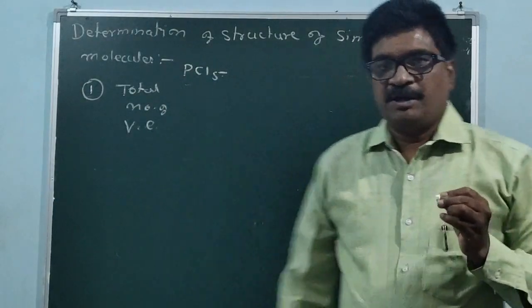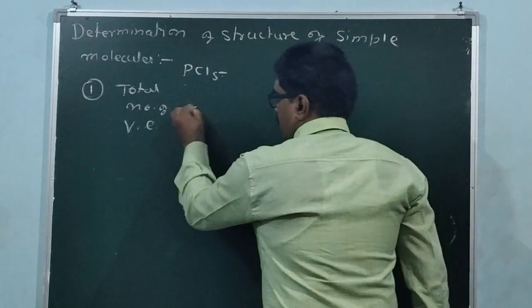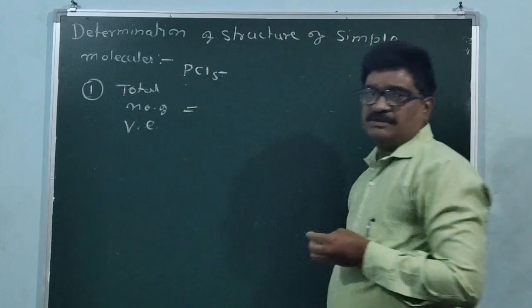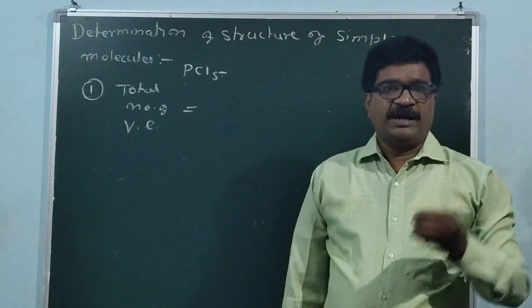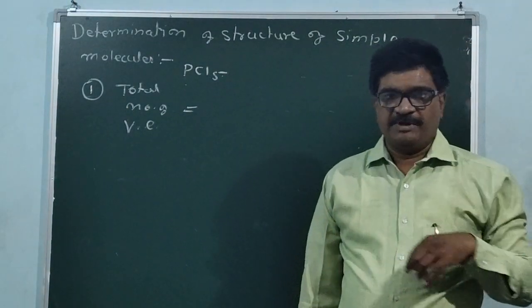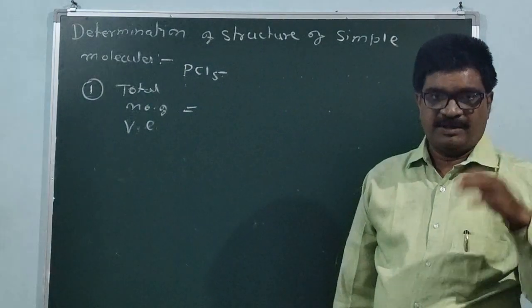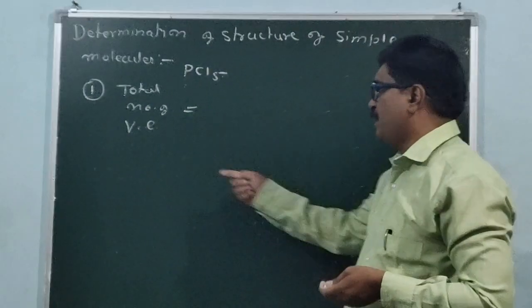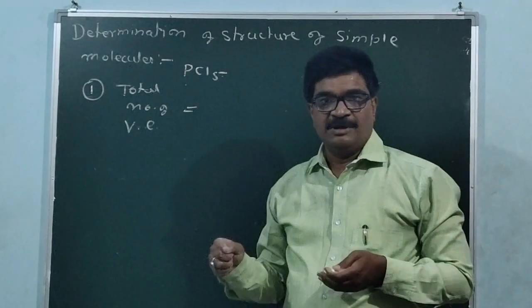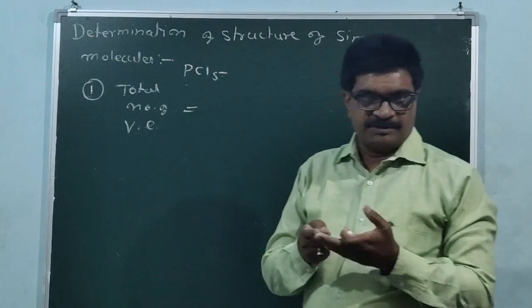Phosphorus, you know that it is present in the nitrogen family. You know how we can determine the valence electrons. Again there are two methods.